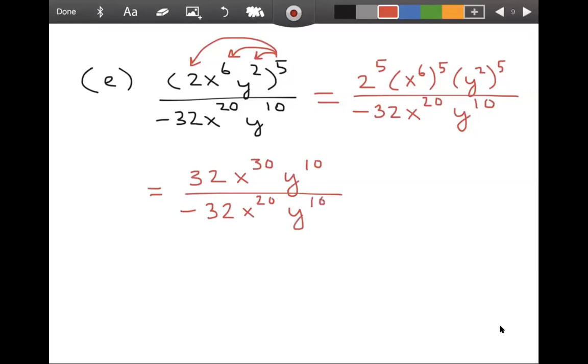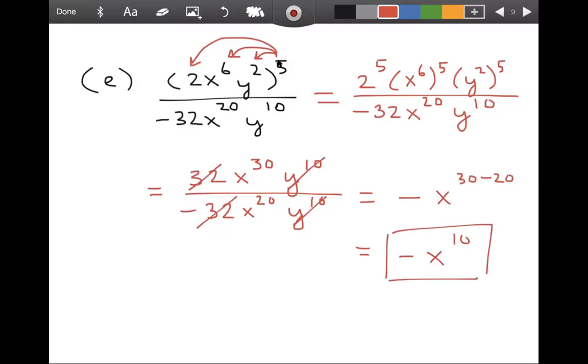All right, so I see some things that are going to simplify here. 32 and 32 cancel. Y to the 10th and y to the 10th cancel. So all I'm left with is the negative sign. And then by the quotient rule, this is x to the power 30 minus 20. Final answer is opposite of x to the 10th.